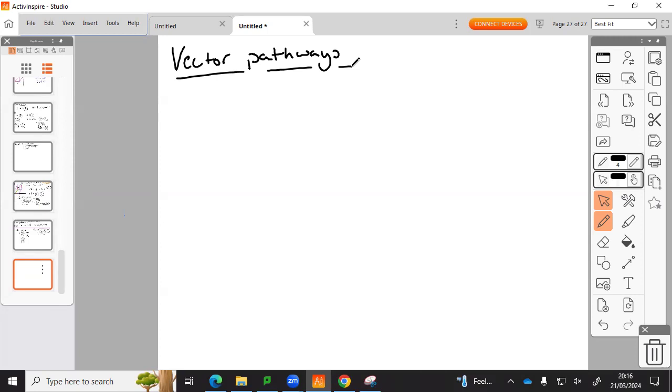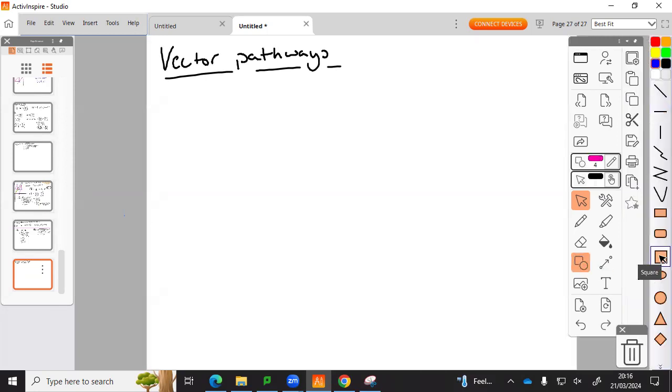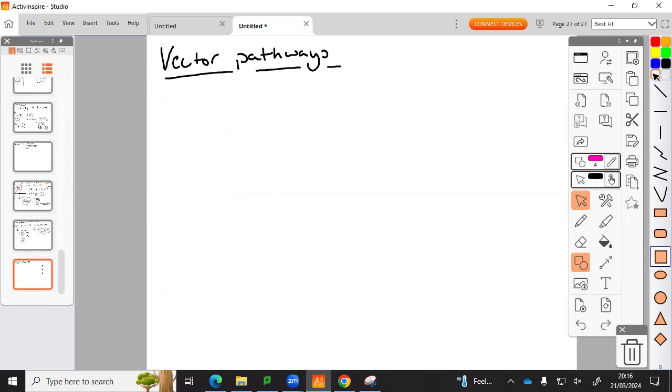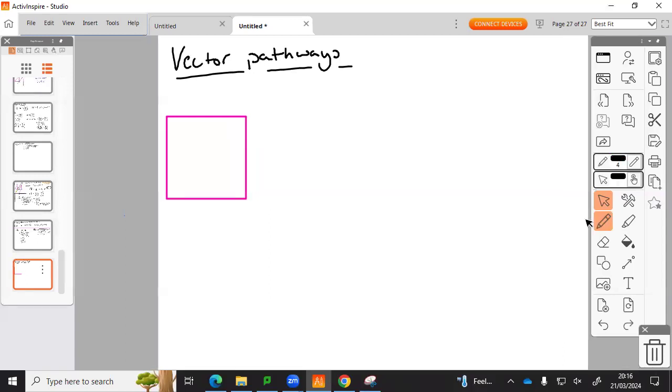Now, if I've got a shape, if I've got a square, a cuboid, or a square even, a vector in that form describes a route taken.